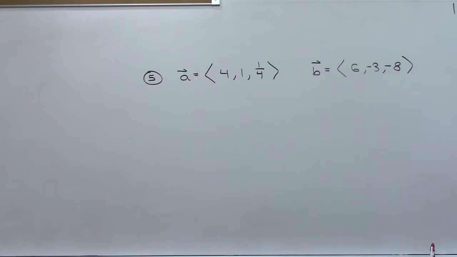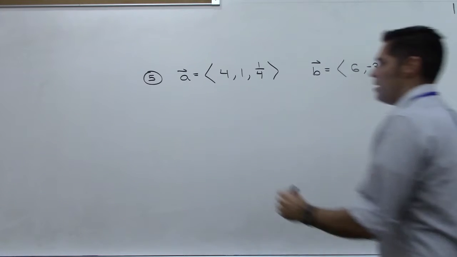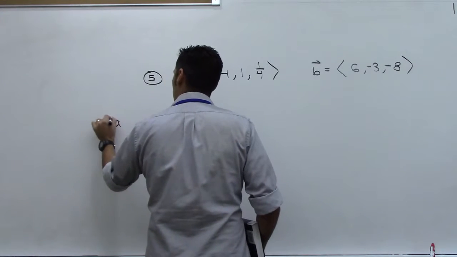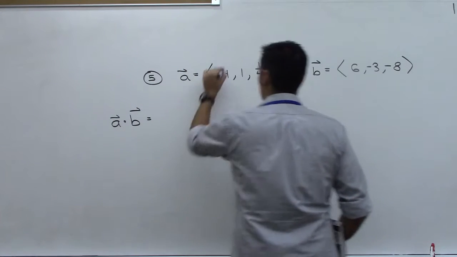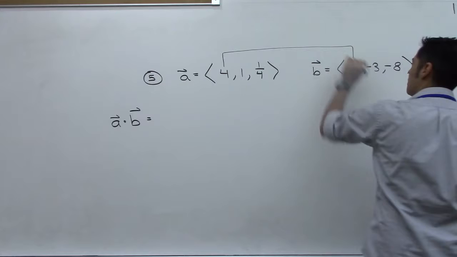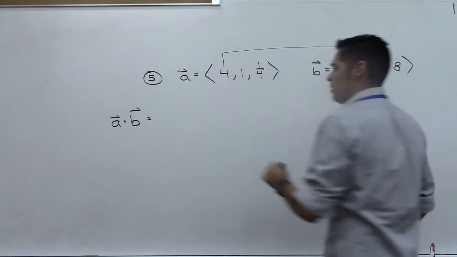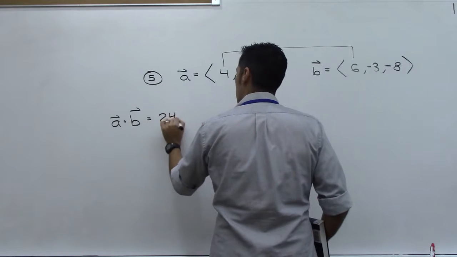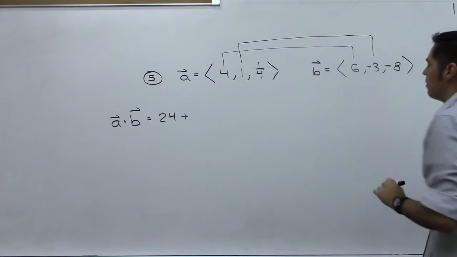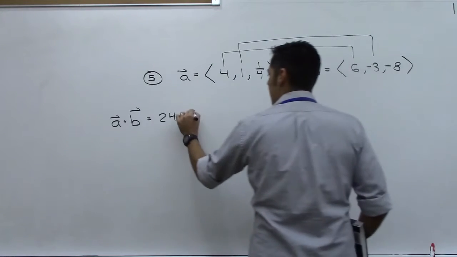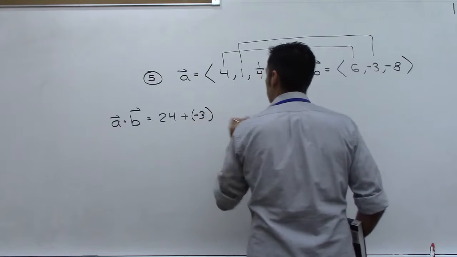All right, so same thing, I want to find the dot product. So the dot product of these two vectors is equal to, we're going to multiply 4 times 6, which is going to give us 24. We're going to add to that what we get when we multiply 1 times -3, which is -3. So I'm adding a negative. I could have just written subtraction.